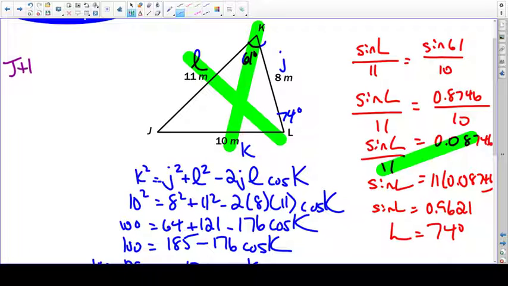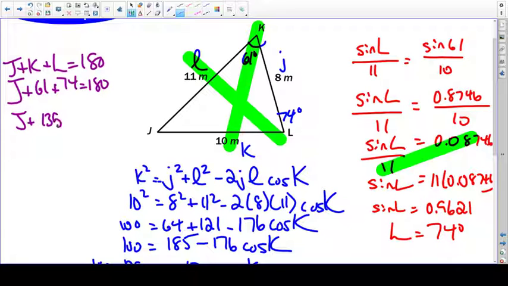So J plus K plus L equal 180. Now, we don't know J, but we know that K is 61 and we know that L is 74. So when we add those two together, we get 135 degrees.